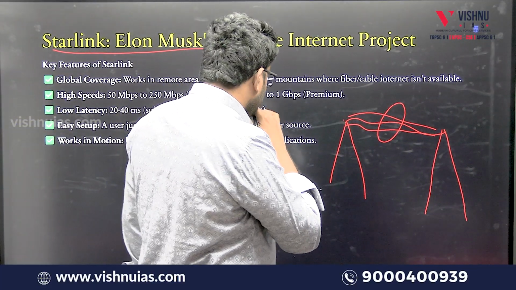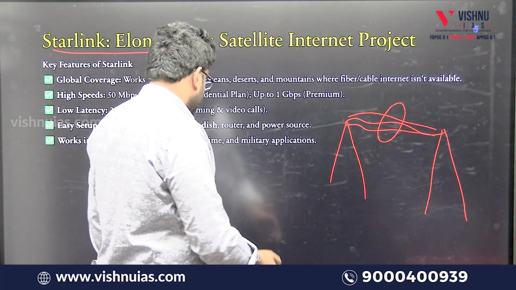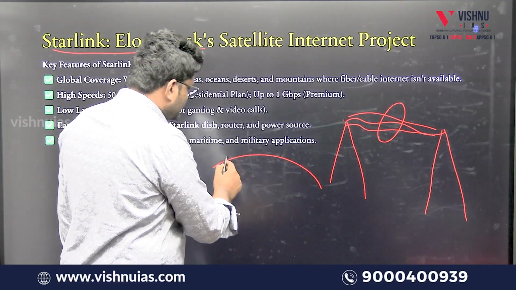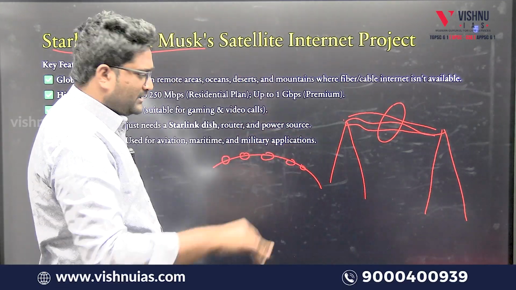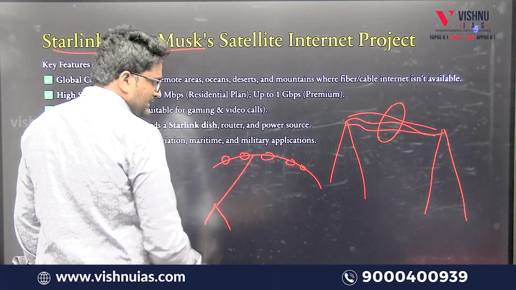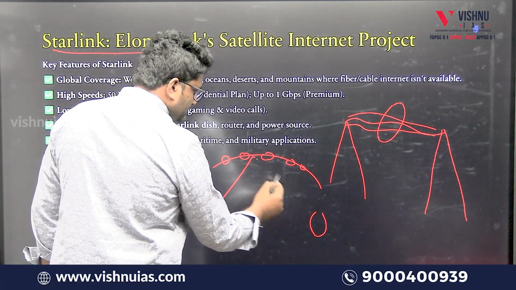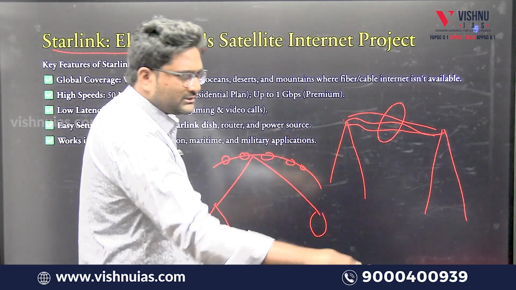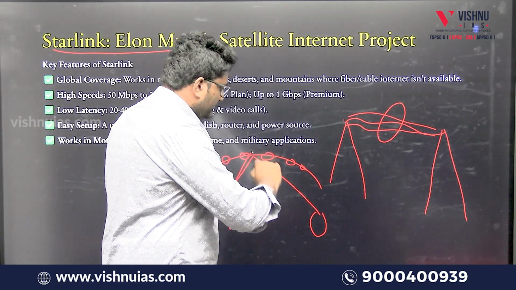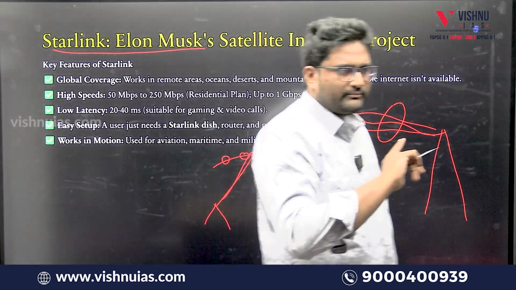In satellite communication, instead of these towers, we use satellites in orbit to send and receive the data. At the ground level, we have sending areas and receivers, and in the middle we don't have towers. The satellite helps to transfer the data.